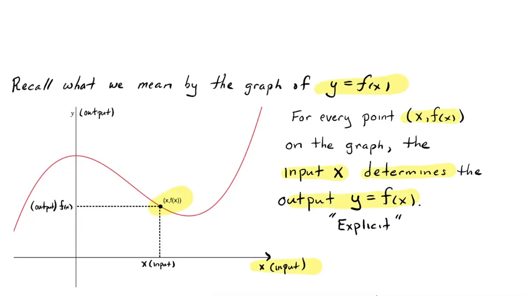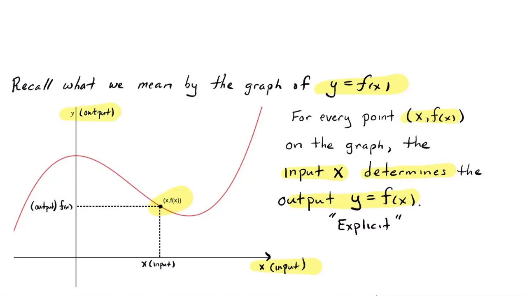It's why we use the notation f of x. It's supposed to tell us exactly that this second number y depends on the first number x. And this picture, y equals f of x, is a picture of that dependence. So we have one input variable x, we have an output variable y, and y depends on x. We write y equals f of x.